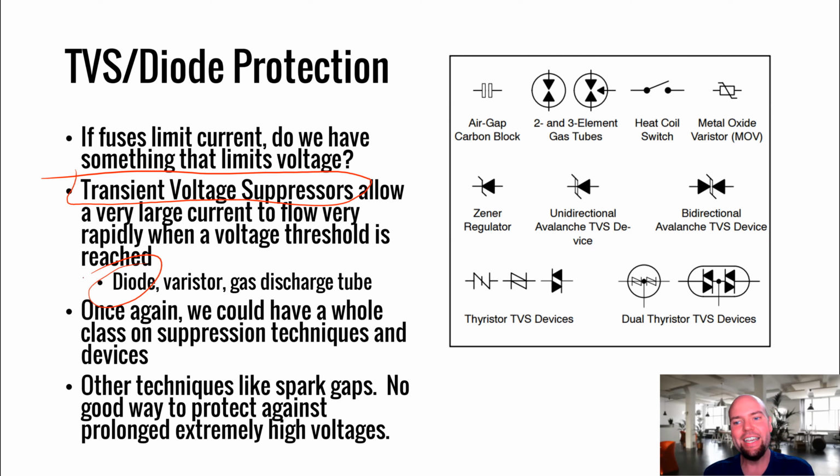It probably can't provide 1 billion watts of power, although if it's a lightning strike, I don't know, maybe it can. But usually the idea is it can't provide unlimited power. And so if we're able to cause this massive surge of current through this protection circuit, that will be enough to choke that voltage down to the point where the voltage doesn't go crazy. So that's the idea behind it.